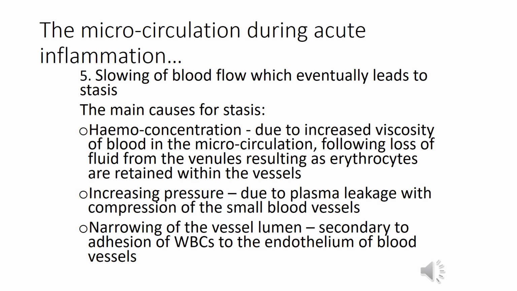This happens when the white blood cells are trying to move out from the blood to the tissue where there is injury. So initially they will line themselves along the endothelium. While they align themselves along the endothelium, that will contribute to narrowing of the vascular lumen, before they extravasate into the tissue.